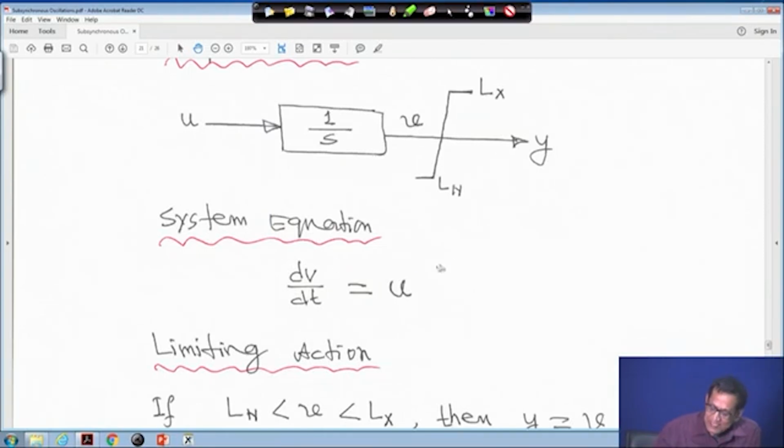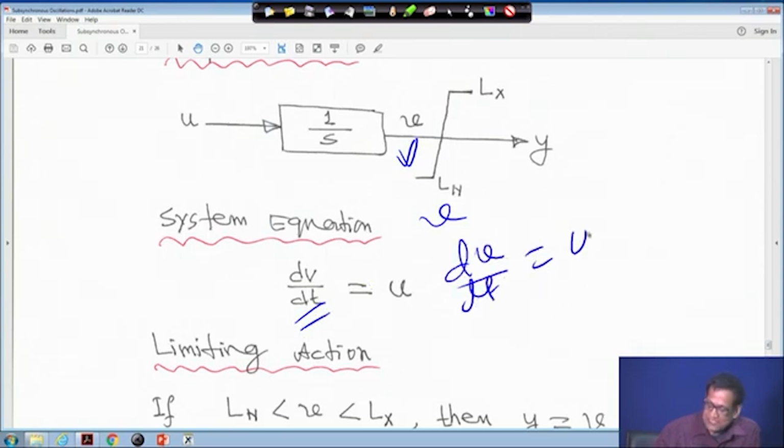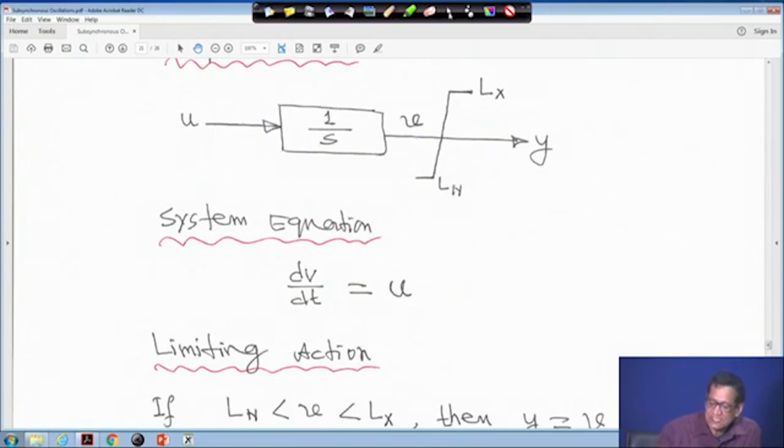Here I have written V, but this is actually dV by dt. So, dV by dt is equal to u. Now, how will the limiting action be there? This is for the integrator and you are putting a limit.